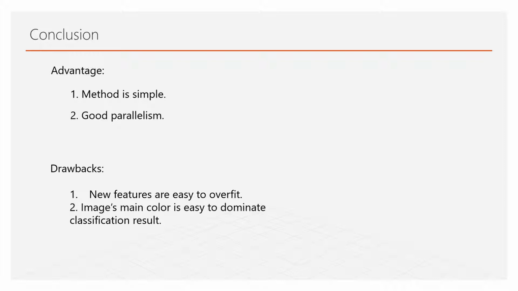And the biggest problem is if we want to use those features to do classification, those images' main color is very easy to dominate the classification results. But that is also an advantage if we want to retrieve similar images, except the main body, the main objects' classes.